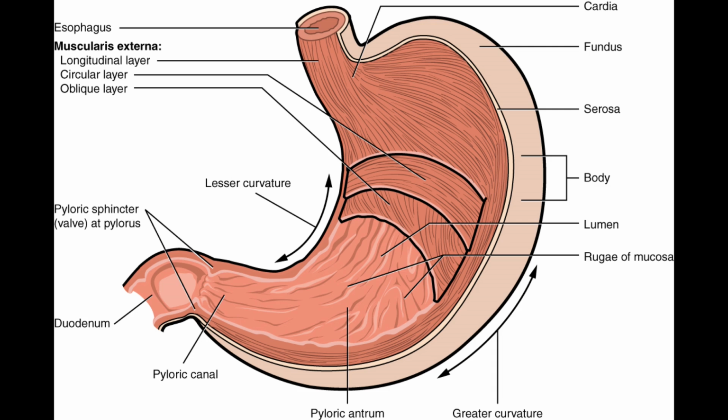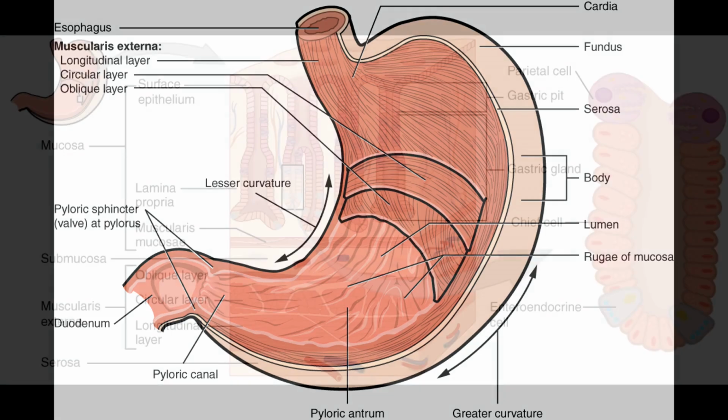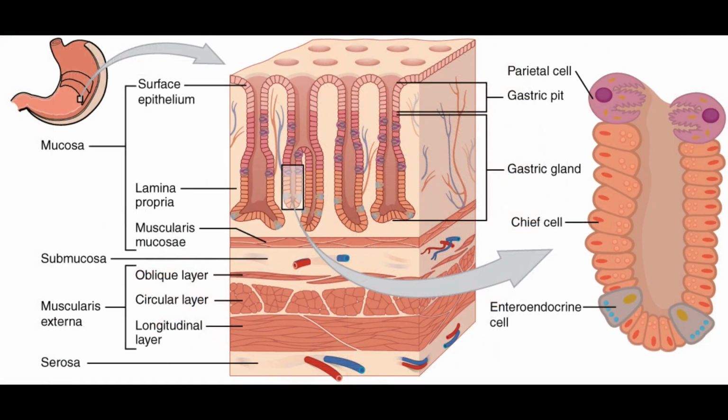So it's an invagination of the epithelial layer, which forms these little pits on the surface of the inside of the stomach. One of the major purposes of these gastric pits is to contain what are called gastric glands. And these glands are mostly exocrine glands that secrete product into the gastric pit above, which then enters the lumen of the stomach.